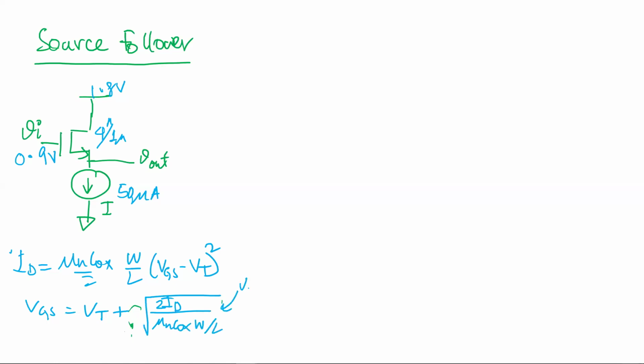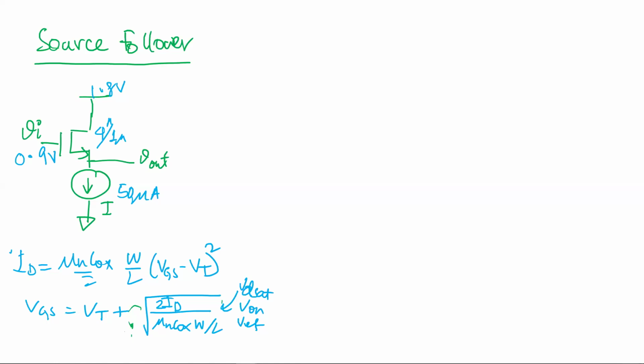And this is the VDS term, or V dsat or V on or V effective, whatever you want to call it. Okay. So the idea is you need at least a VT plus some delta V to accommodate this current for the size you have, for the mu n Cox you have, for the current you're flowing.